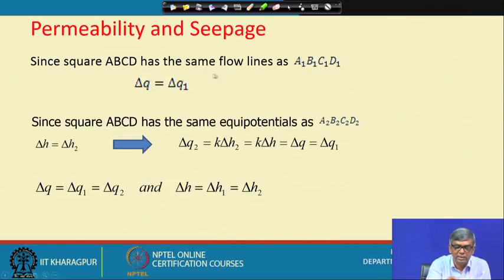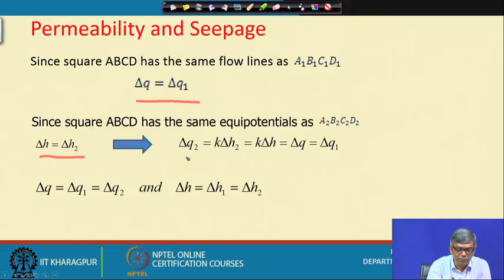And if that happens, then square ABCD has the same flow lines as ABCD. So, del Q must be equal to del Q1, and since the square ABCD has the same equipotentials as ABCD, then del H also will be equal to del H2. That is another condition.